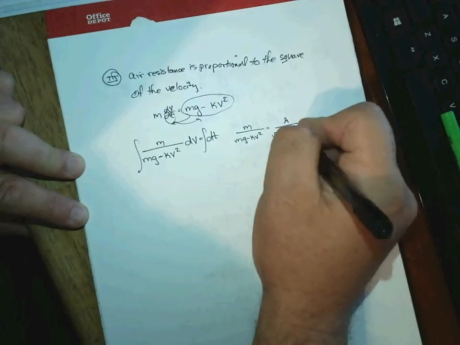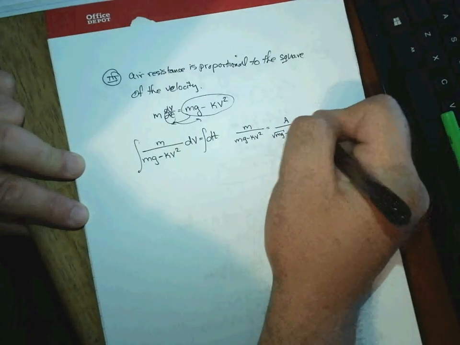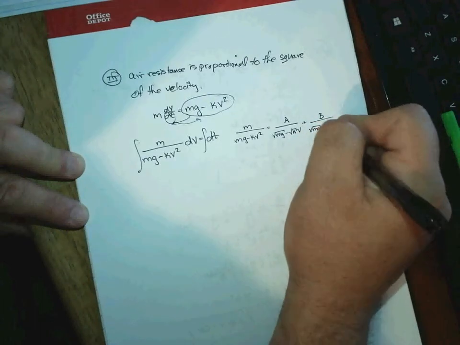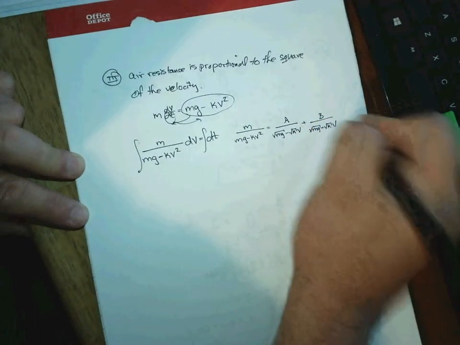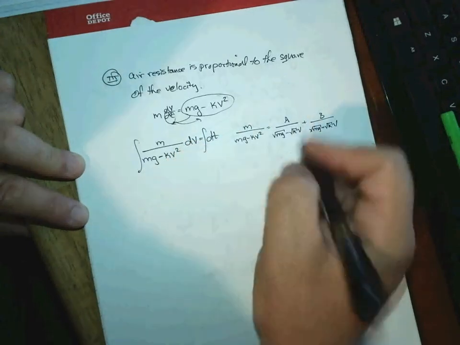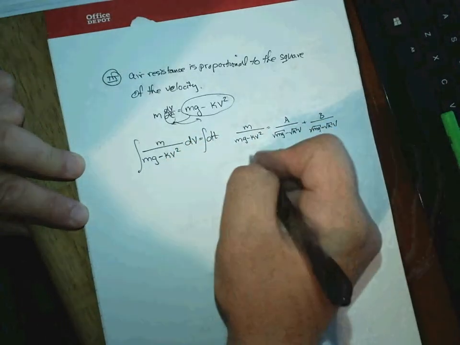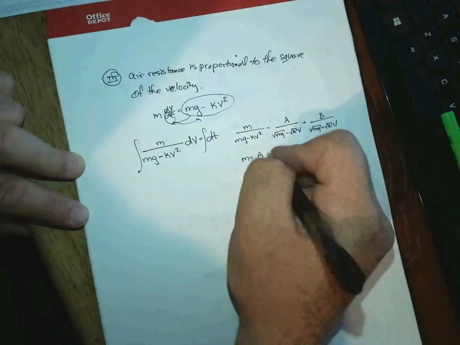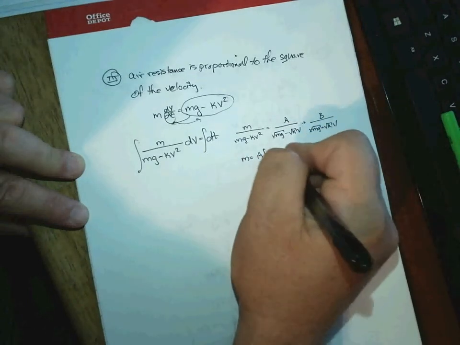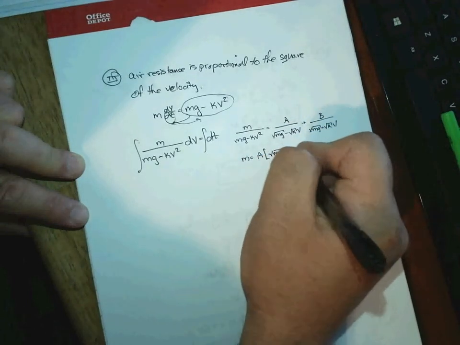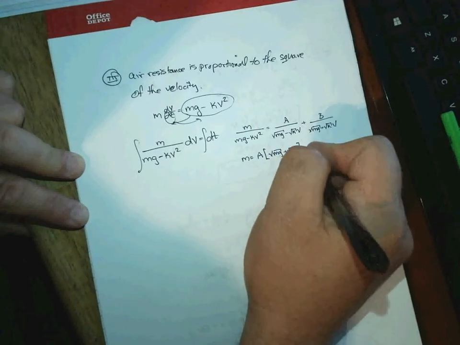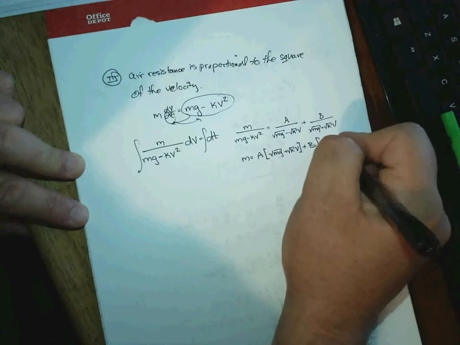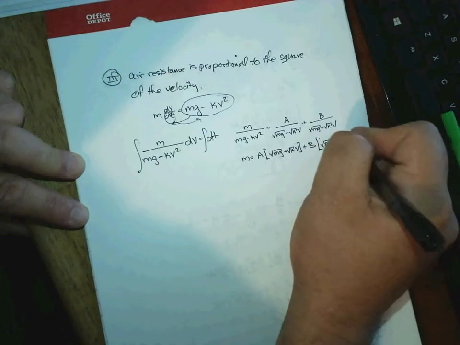In other words, your linear factors are square root of mg minus square root of kv and the square root of mg plus the square root of kv. Which means when you multiply by the common denominator that you get m is this constant times this denominator plus b times this denominator.